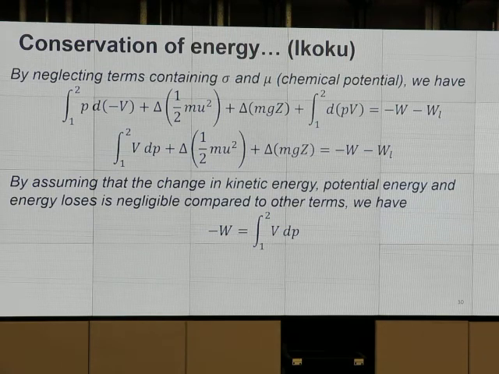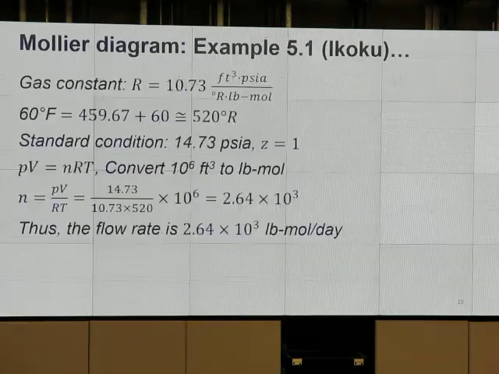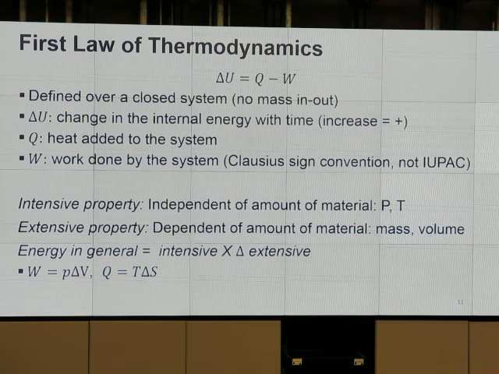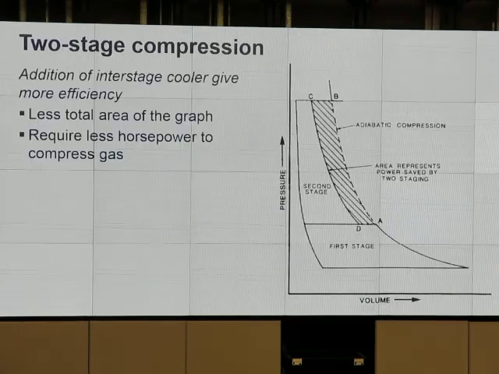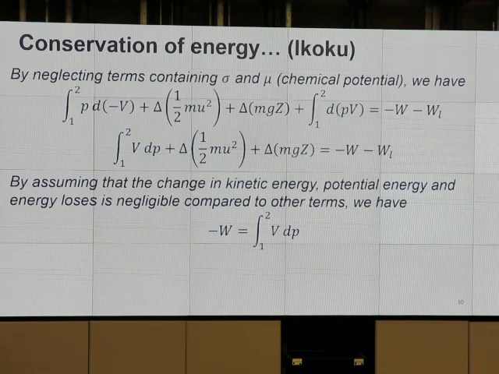Whenever we have the work done on the system, then we have minus W. So W is the work done by the system, and minus W is work done on the system. Thank you, Simon. We went over the adiabatic process, two-stage compression. Today we are going to do the derivation.